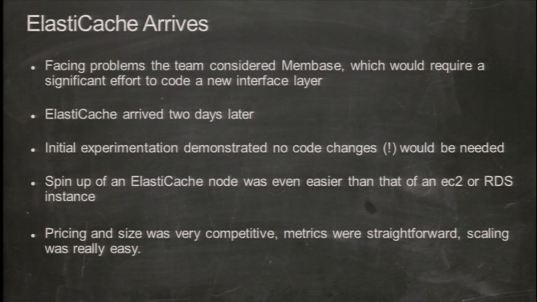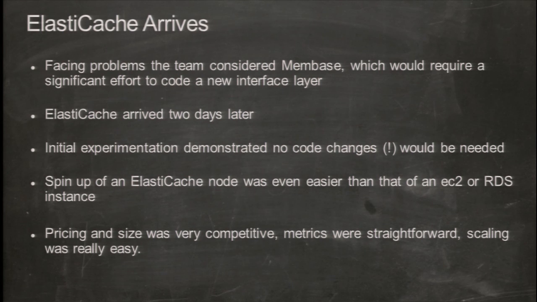And the pricing on this was super, super compelling as well. Unlike EC2 instances, the ElastiCache nodes, they're also EC2 instances, but they're designed specifically for memory. So they have more memory, they have smaller CPUs, and the AMI loads nothing else but Memcached, so you're not running anything extraneous.